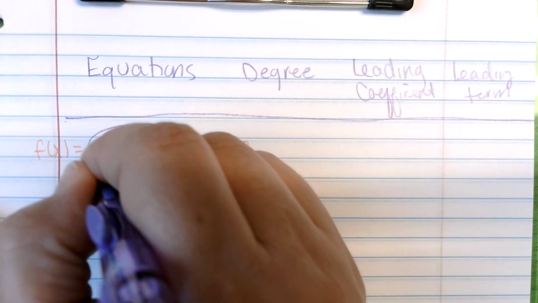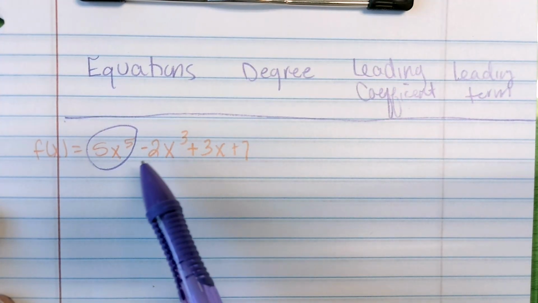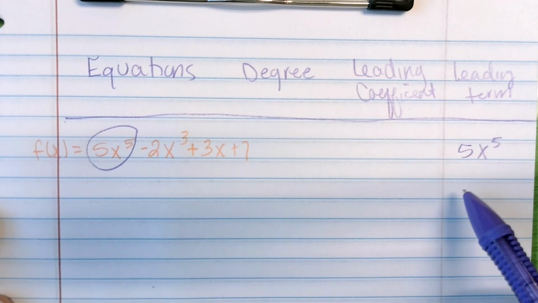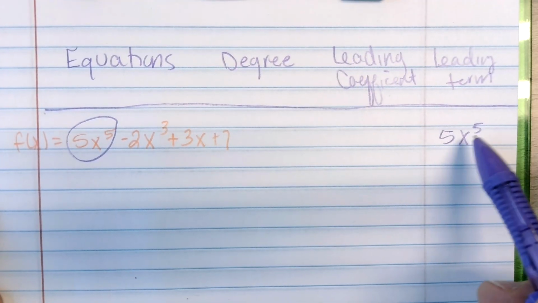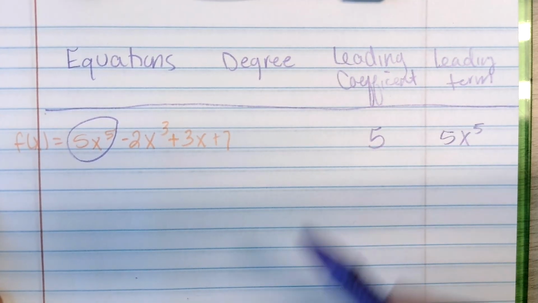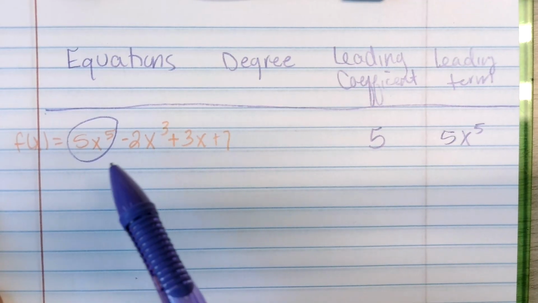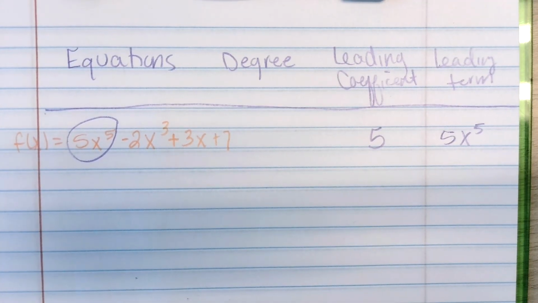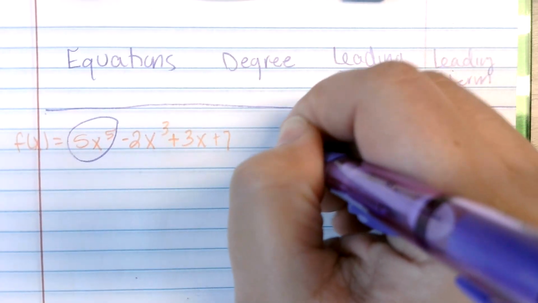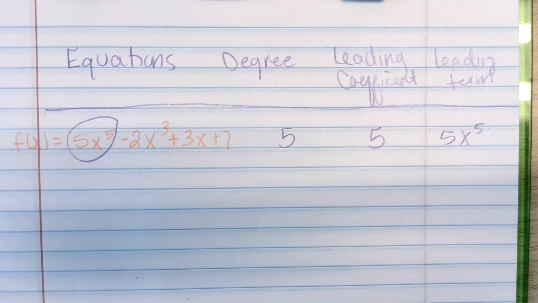The leading term is the term with the highest exponent, so 5x to the 5th. The coefficient is the number connected to the x, right? So the 5 in this case. It is important that the leading coefficient takes the sign that it comes with. So if it was a negative 5x to the 5th, it would be a negative 5. And the degree is the highest power, which is on the leading term, which is 5.